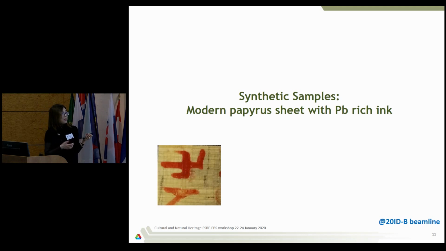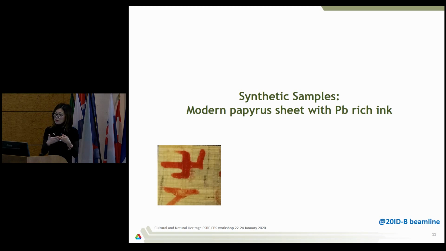All right, so once we go through the schematic of the technique, the first thing we do is scan some synthetic samples to test the feasibility of this work. We are proposing that by studying the 3D distribution of lead, we're able to identify the letters underneath the top layer. This is a modern papyrus.